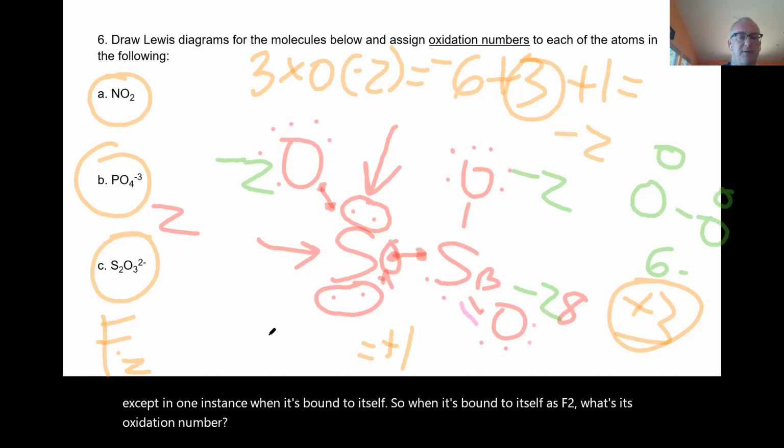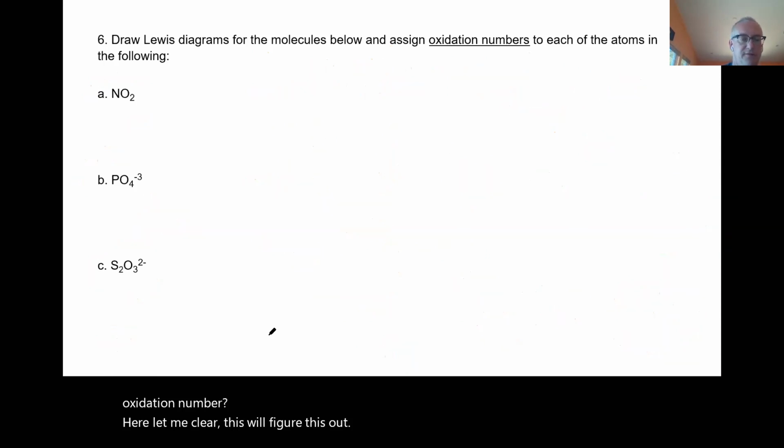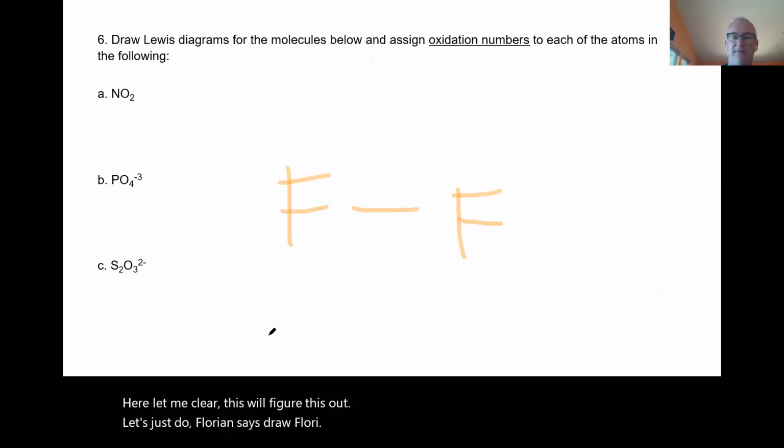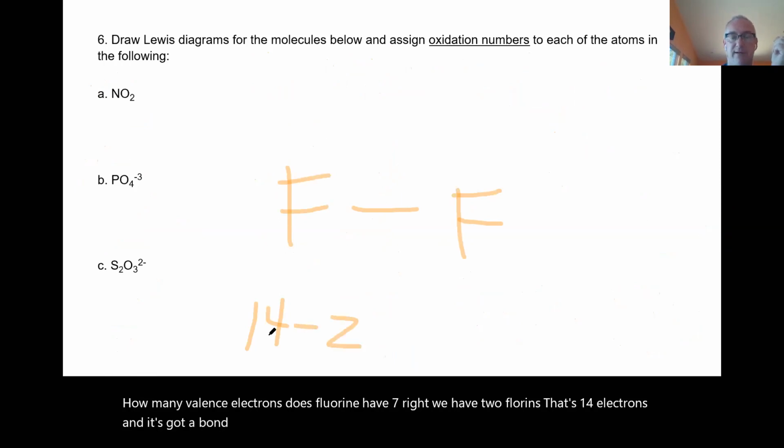Here, let me clear this and we'll figure this out. Let's just draw fluorine. How many valence electrons does fluorine have? 7, right? We have 2 fluorines. That's 14 electrons. And it's got a bond here. So that's 2 we get rid of. So we have 12 electrons to go around.